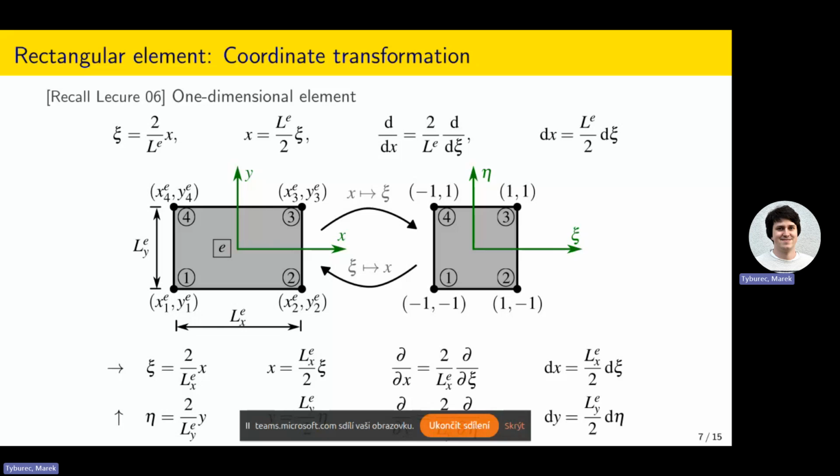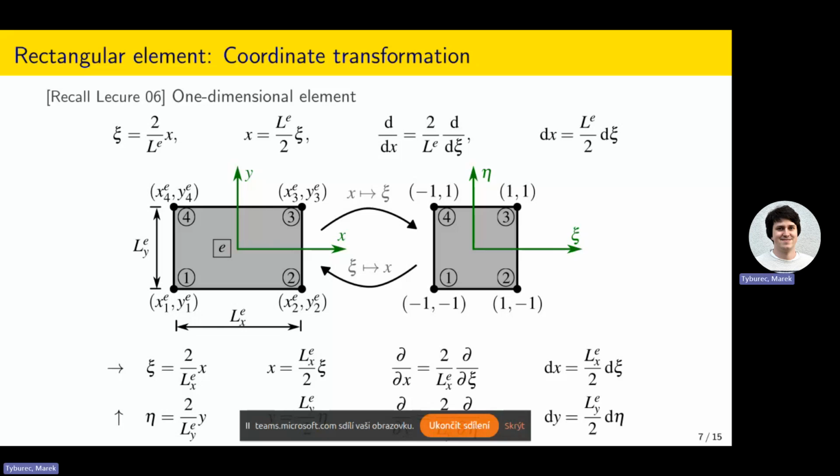And function n1, this basis function 1, should behave in a way that it has value 1 at node number 1 and value 0 at the remaining nodes. This is how we constructed it: as a product of the one-dimensional basis functions that we use for linear elements. Okay, so that's n1.